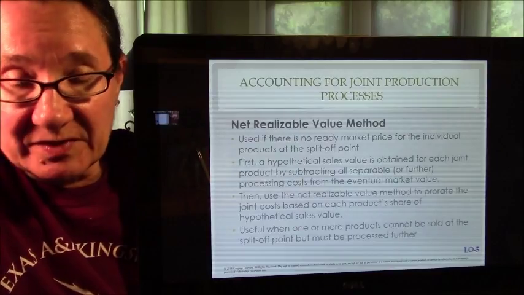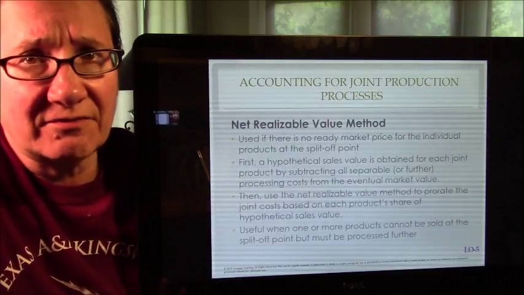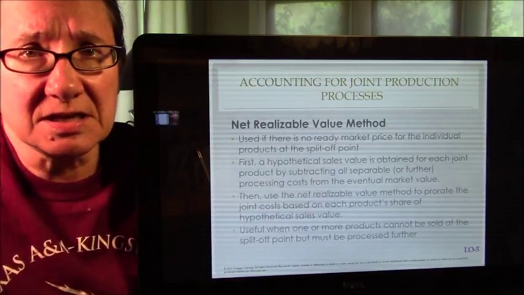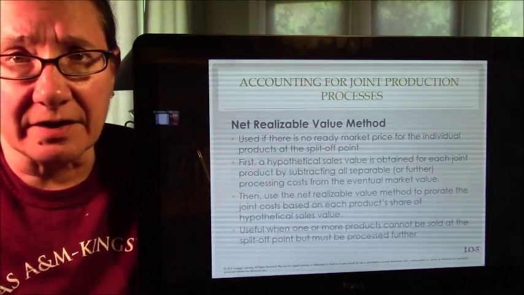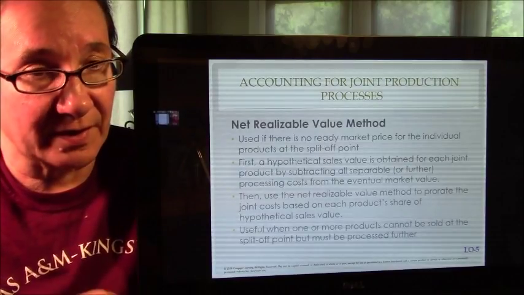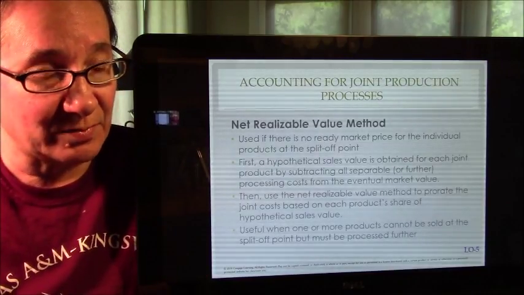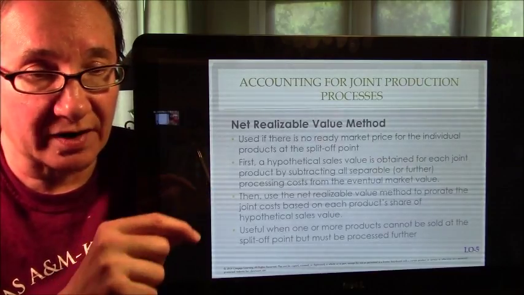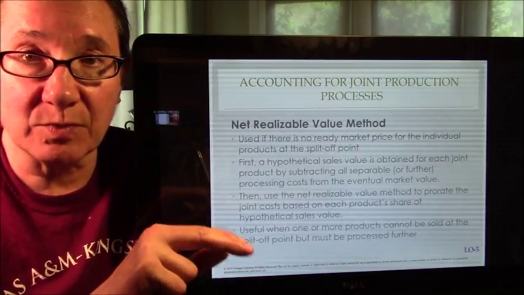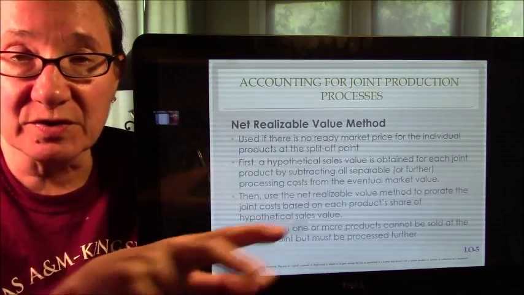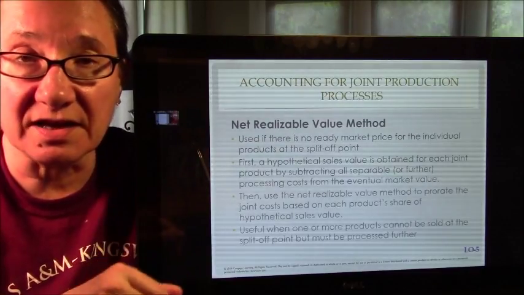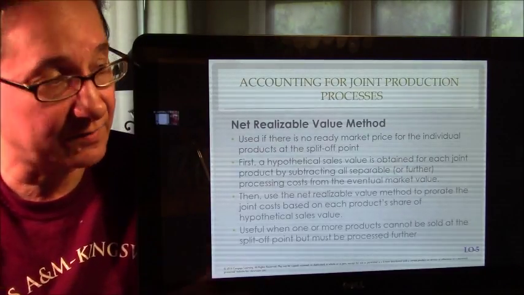Right? It's going to cost me some money because I'm going to have to churn it and do some stuff, but it's going to be butter. So it's going to have actually a different value as butter than it did as cream. All right? So that's what we mean by net realizable value. So I can take those products and say, out of this product at the split off point, I'm going to go further and produce it, and at the end I will realize this much value and will proportionalize that cost based on that.